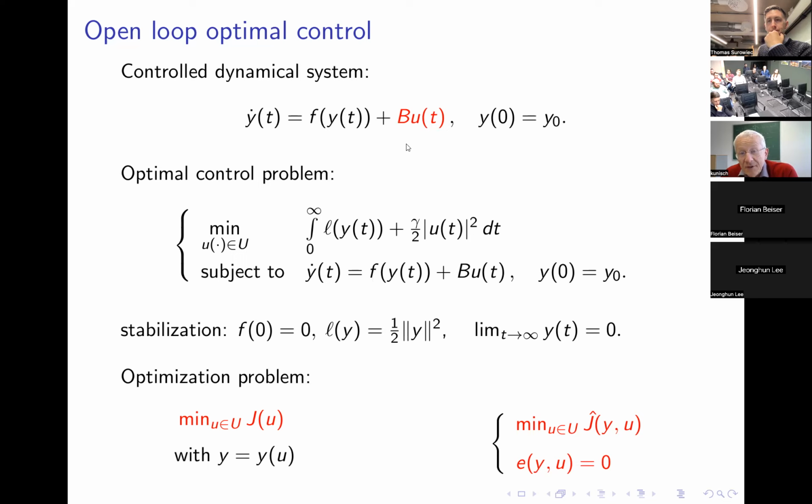Whereas this one is feedback. At this moment, this will not fail. I'm almost sure. But locally, it's better than open loop.